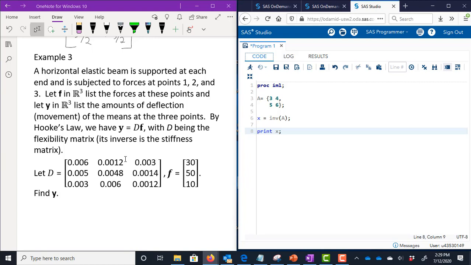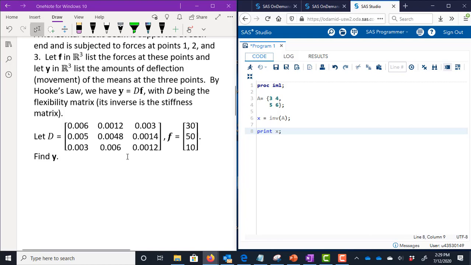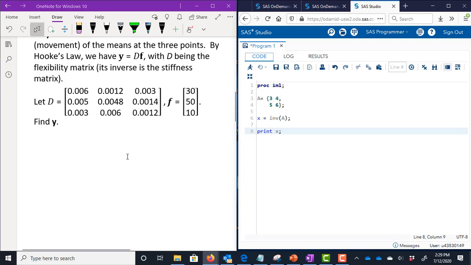By Hooke's law, we have the vector Y is equal to the matrix D times the vector F, with the matrix D being the flexibility matrix. Its inverse would specifically be the stiffness matrix. And we let D here be this lovely big matrix here. 0.006, 0.0012, 0.003 for the first row.